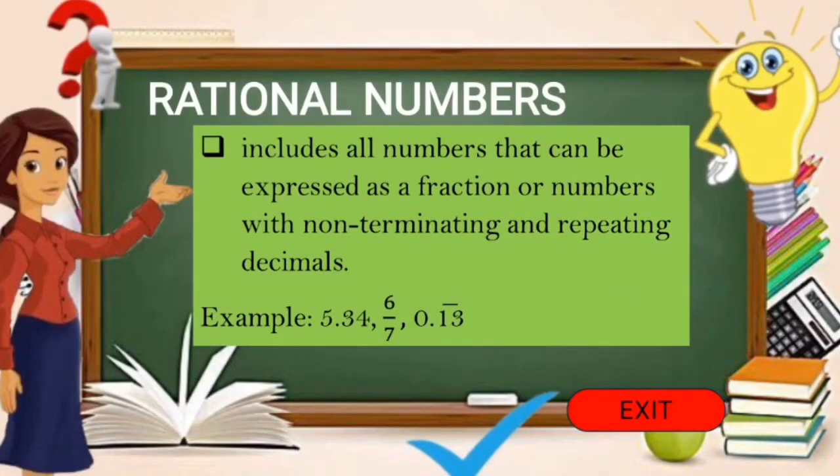This subset includes all numbers that can be expressed as a fraction, or numbers with terminating or repeating decimals. Examples of rational numbers are 5.34, 6 over 7, and 0.13 with a bar.